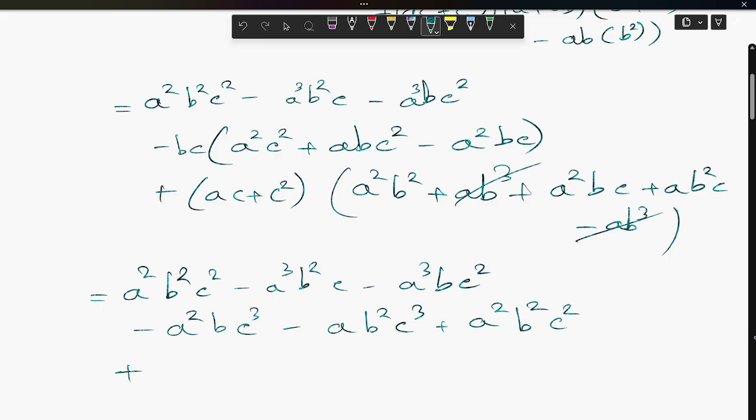And finally, we will get a cube b square c, plus we will get what?